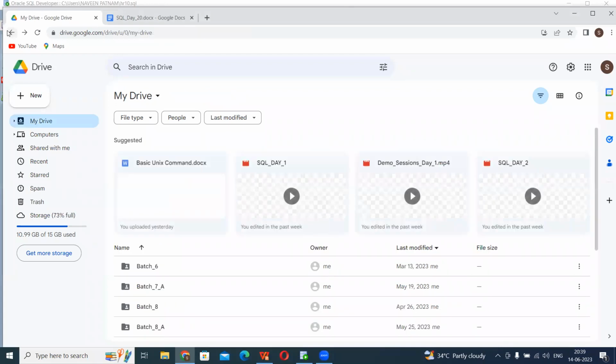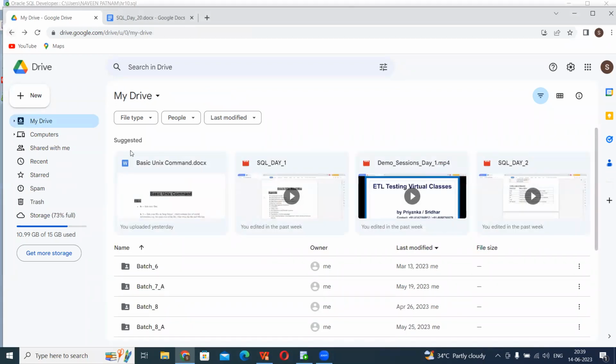So far, no. Ma'am, does SQL ETL testing not need automation testing? It is not needed, ma'am, as of now.